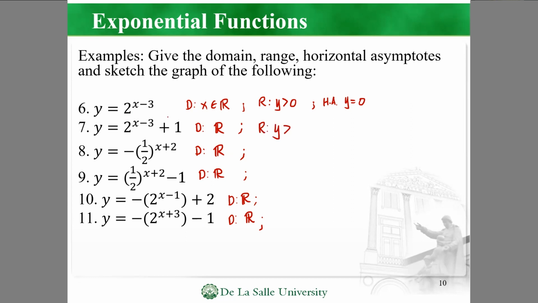What's the number outside, guys? 1. Very good. So range is greater than 1. What is the horizontal asymptote? It is that number. You understand? Now, in this case, the range is y is what? Less than 0 because 0 is the number outside.